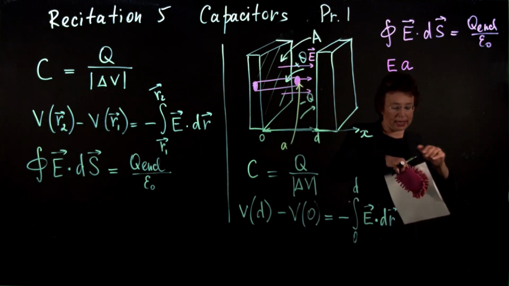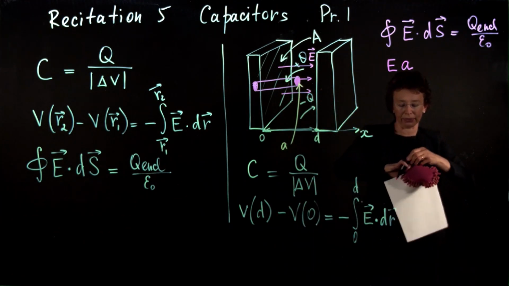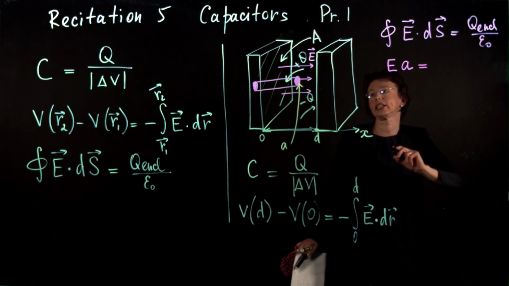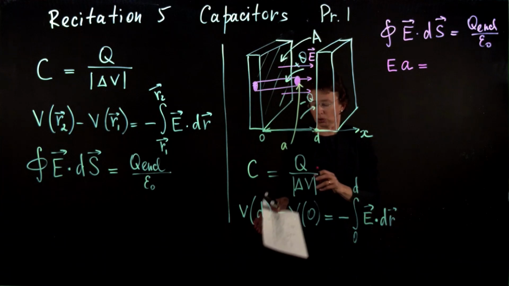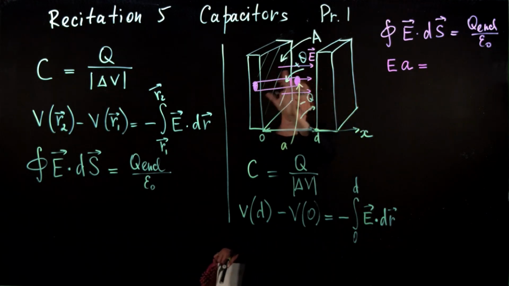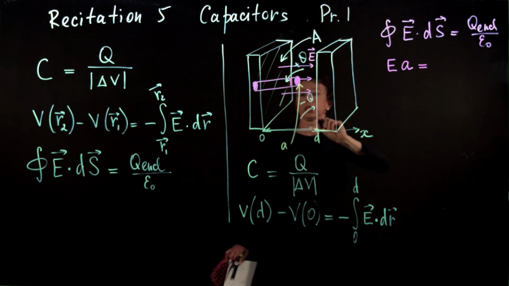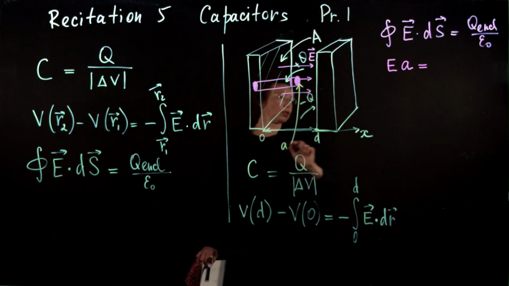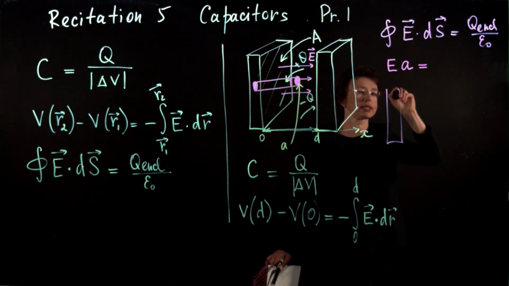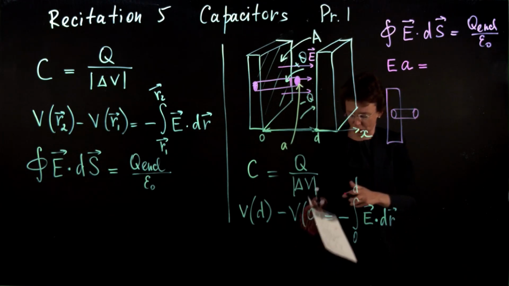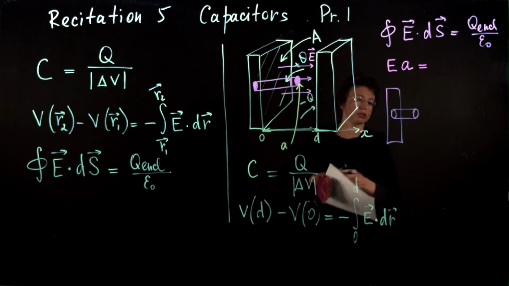EA is the left-hand side of Gauss's law, and the right-hand side is the charge enclosed. The charge enclosed is just on the surface where the cylinder comes out of this parallel plate. Let me draw the side view. This is my cylinder, and I'm looking for the charge right on this surface.